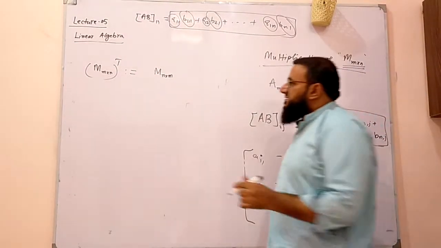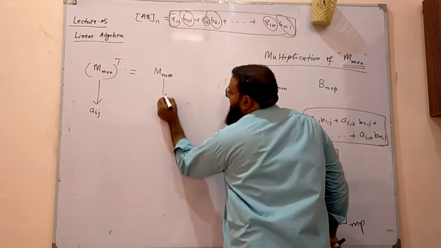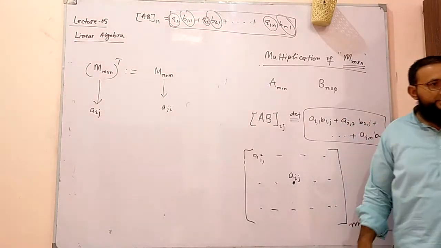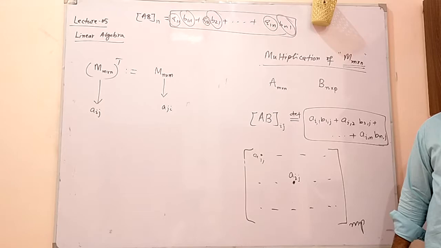And entry wise, if there is some entry in this one which is Aij, in this one that entry becomes Aji. So entry wise there is a difference in this way.